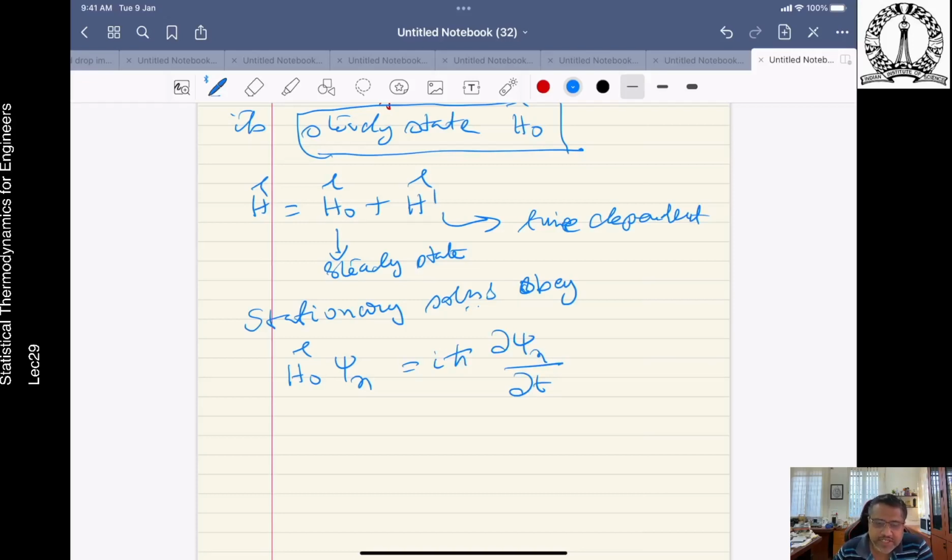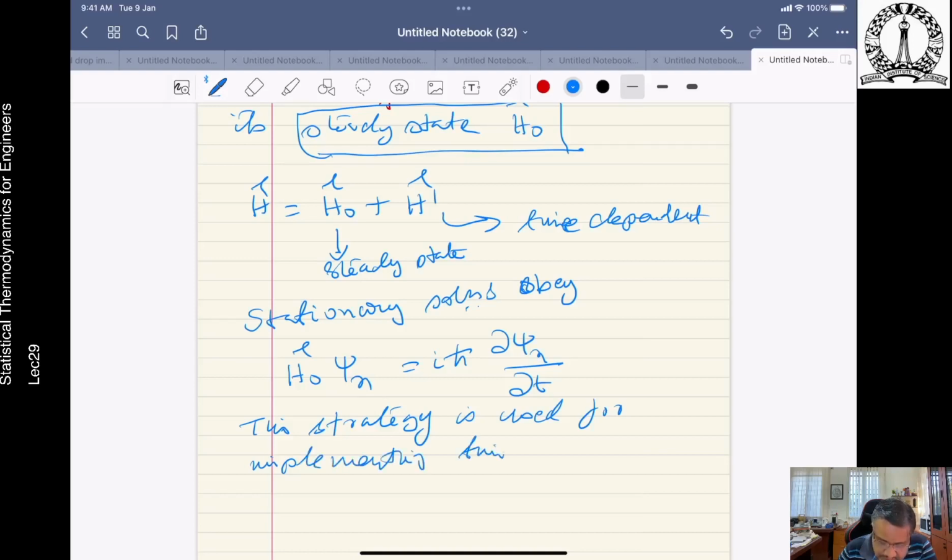This is the strategy that is used for implementing the time dependent perturbation theory.